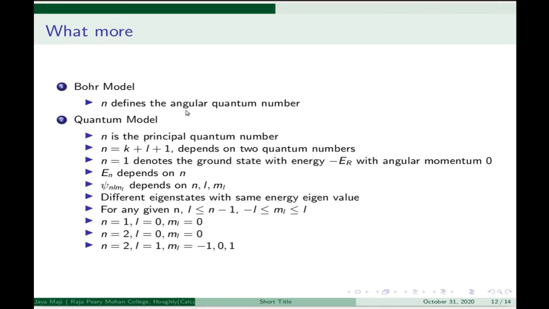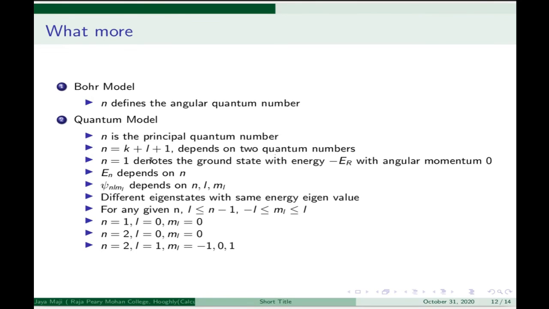In Bohr's model, n defines the angular quantum number, whereas in quantum mechanics n is the principal quantum number, the total quantum number, and is related to the radial quantum number k as well as the orbital quantum number L. So now we can have a better picture, because we have the other parameters, the radial quantum number as well as the orbital quantum number.